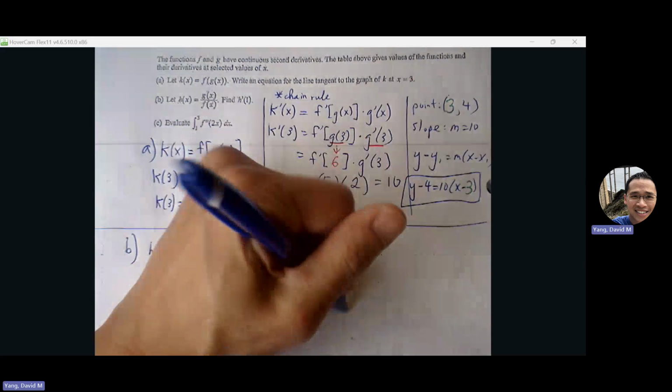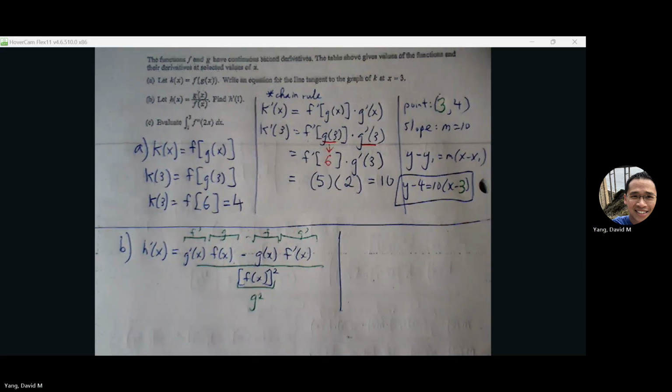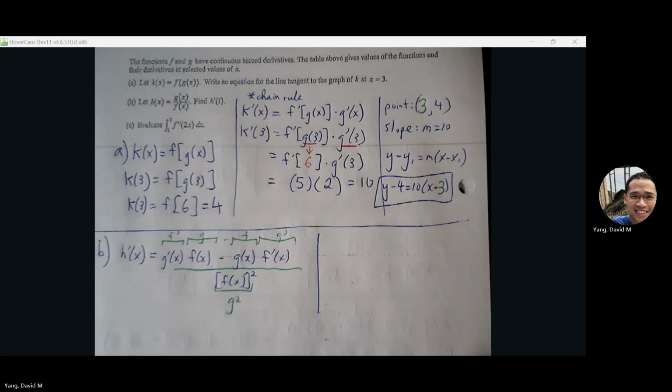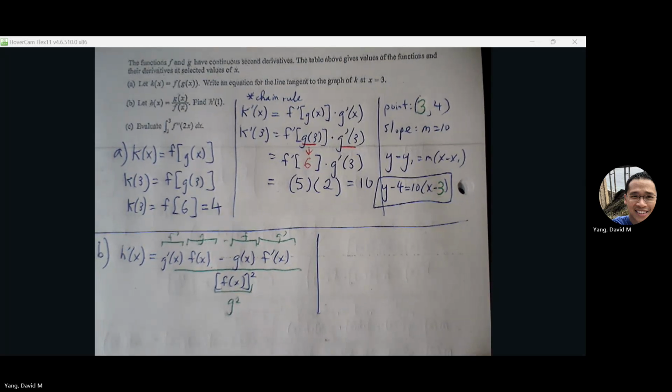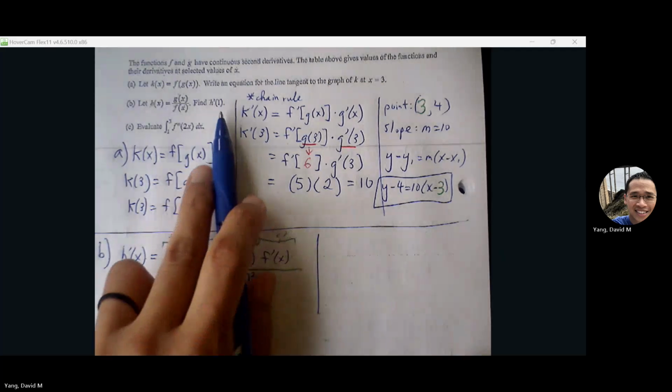Right? Replace every X with what? With 1, right?